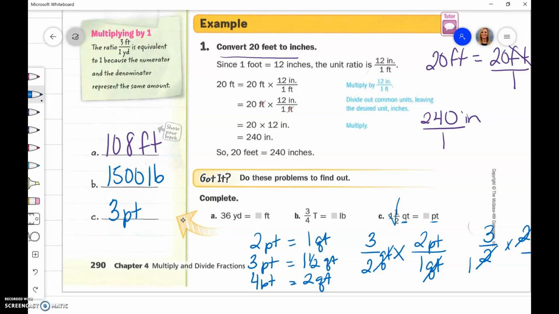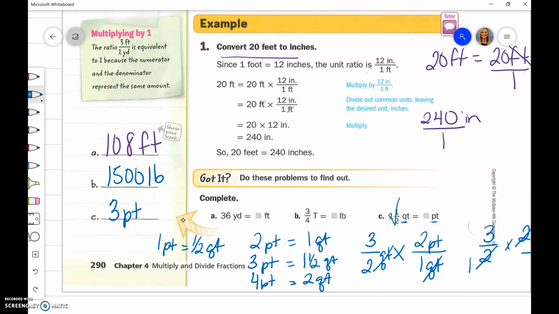Yes, because really 1 pint equals 1/2 quart. So sometimes you also just have to think, is it realistic that that makes sense? Yes, it does, because if there's 2 pints in 1 quart, then I know in 1/2 quart, there should only be 1 pint. Okay, so this is going from smaller to larger.